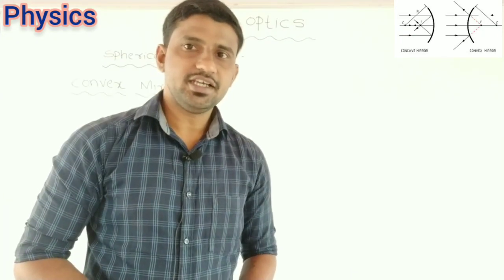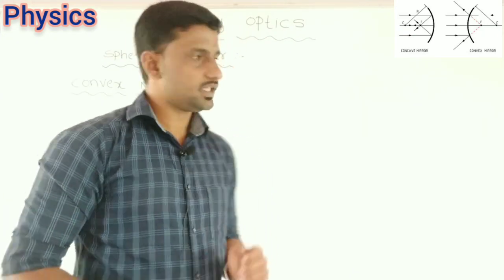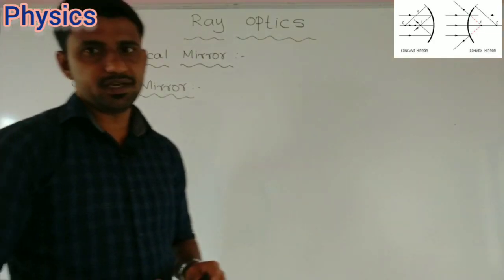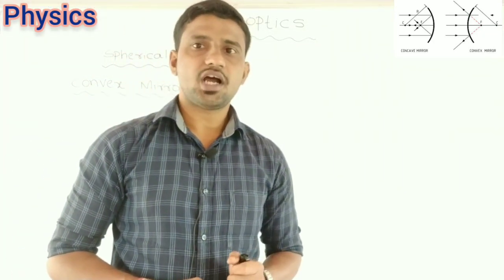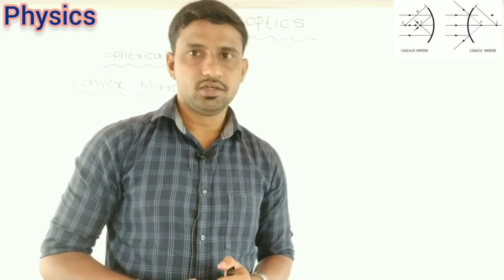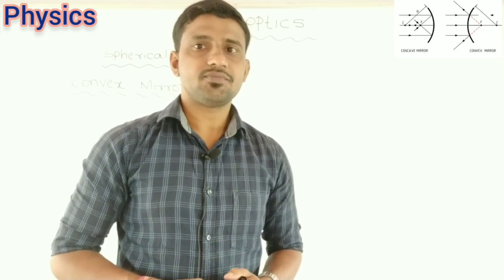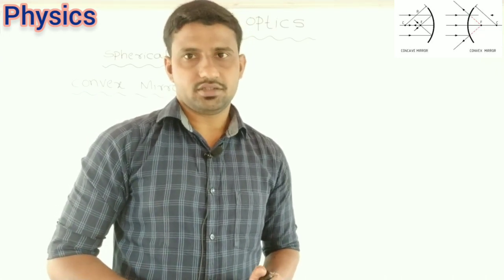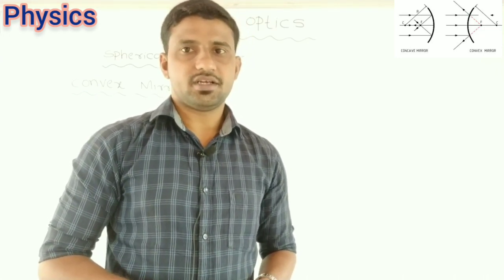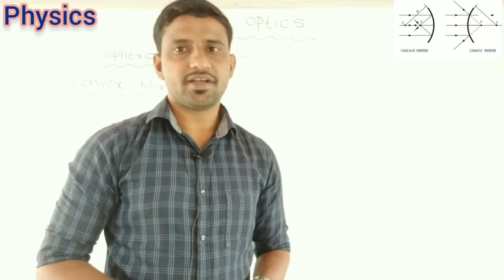Now let us discuss the other type of spherical mirror, that is a convex mirror. What do you mean by a convex mirror? A convex mirror is also a part of a hollow sphere whose reflecting surface is away from the center of the curvature or center of the sphere. Then it is called a convex mirror.